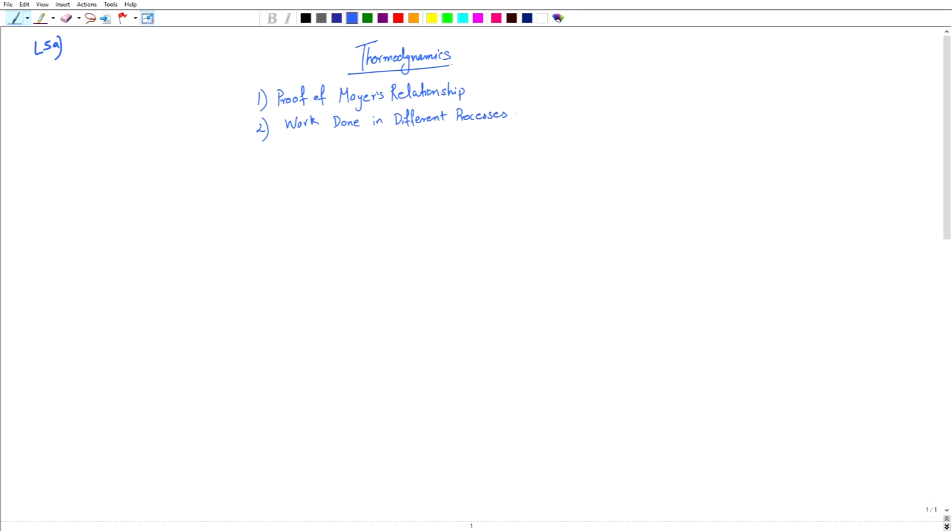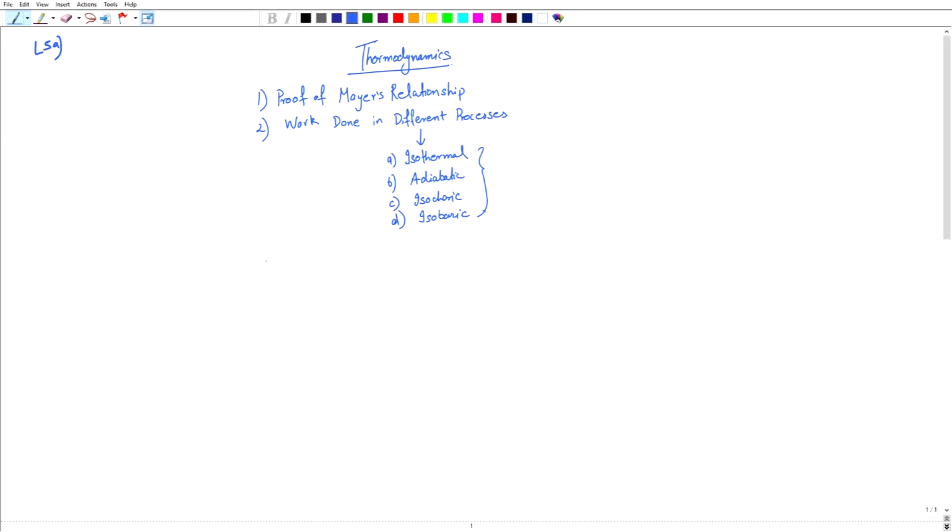When I say different processes, that means we will calculate work done for the isothermal process, adiabatic process, isochoric, and isobaric process. All of these are processes that we have already discussed, and we will derive the formula for work in all of them.